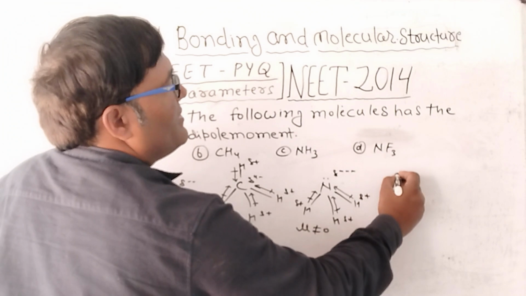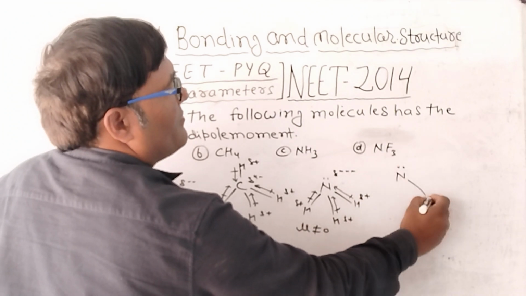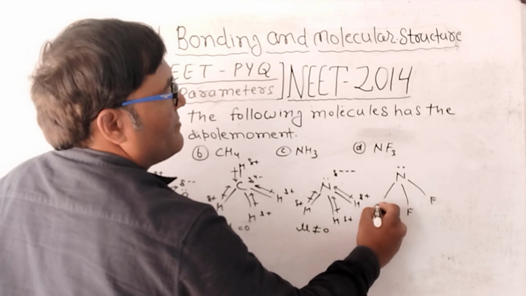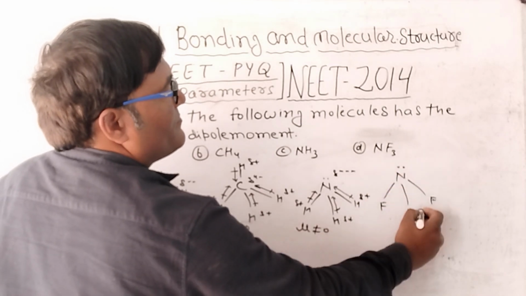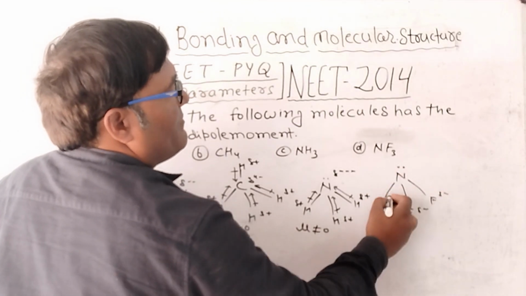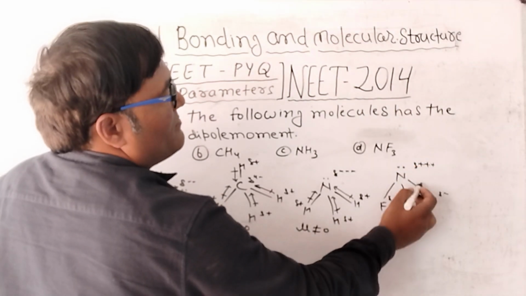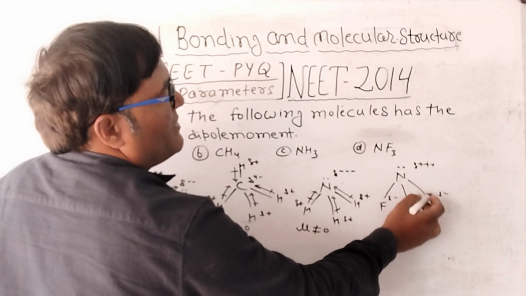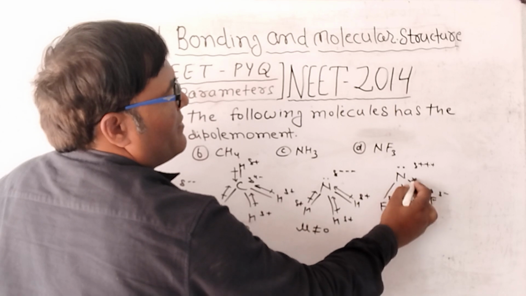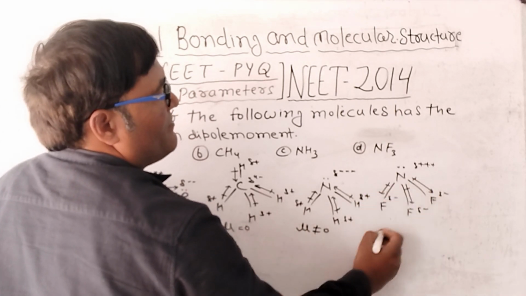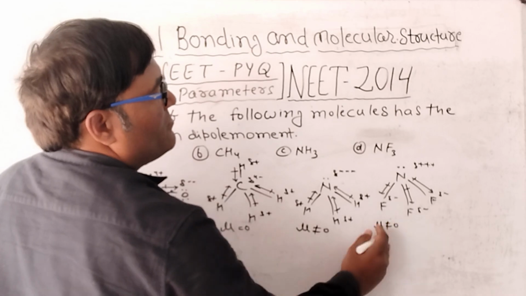In case of NF3, here F is negative, here positive, so the direction of dipole is positive to negative, mu again not equal to 0.